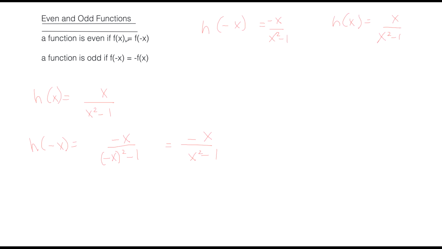So now I'm going to check and see if it's odd. I'm going to check minus h of x, which would be whatever I have for h of x with a minus in front of it.